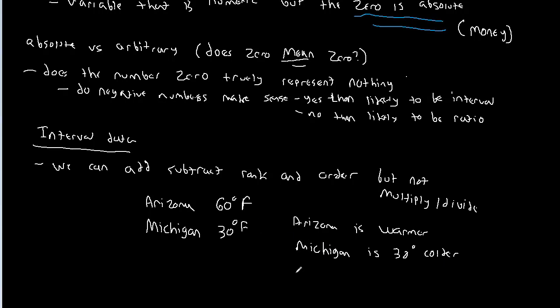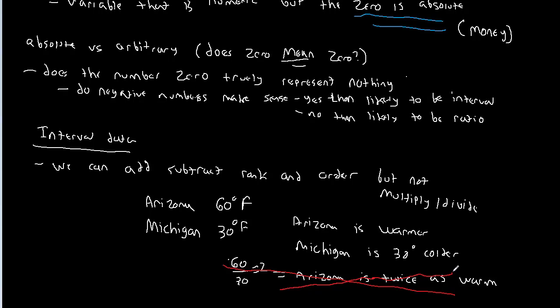We cannot say Arizona is twice as warm. So this would be 60 over 30 equals 2. We cannot do this. This is not a valid comparison.